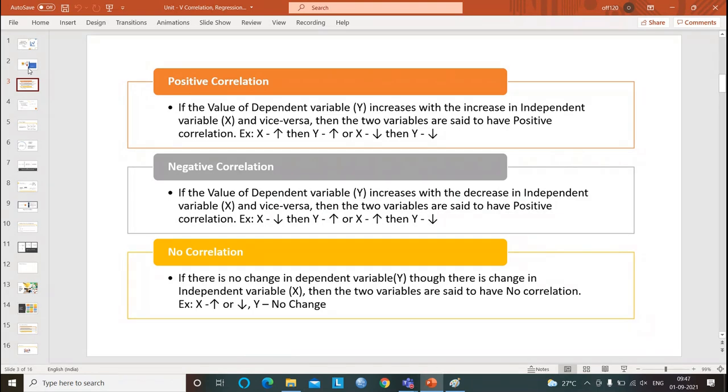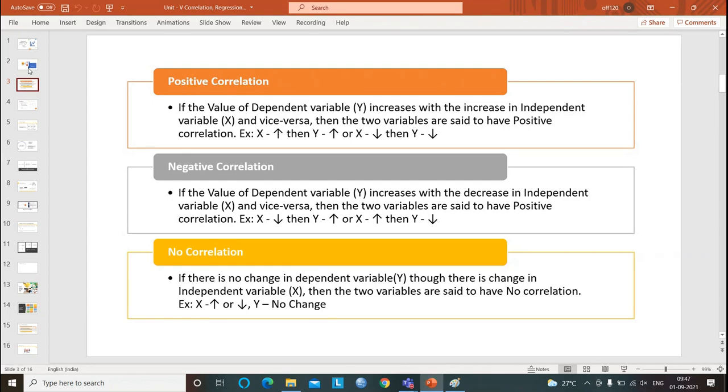No, right? But if there is an effect of Saudi Arabia on the price per barrel, then that is going to affect India. So there is a relation between Saudi and India towards petrol prices, but there is no relation between Japan's earthquake and the price hike of petrol in India.